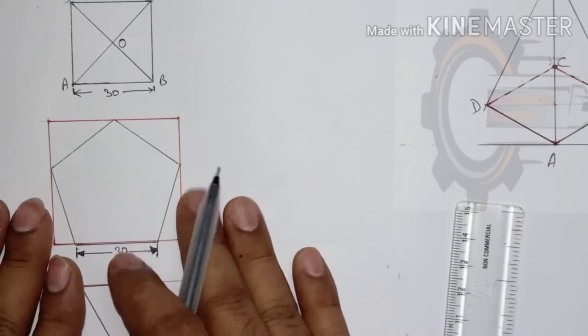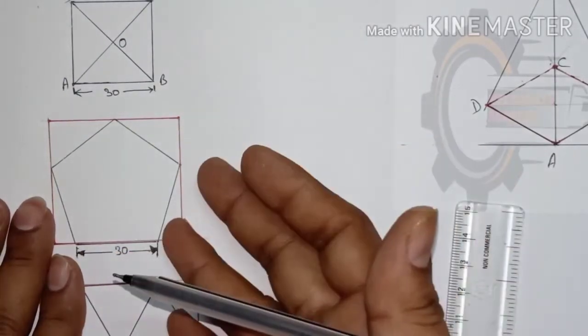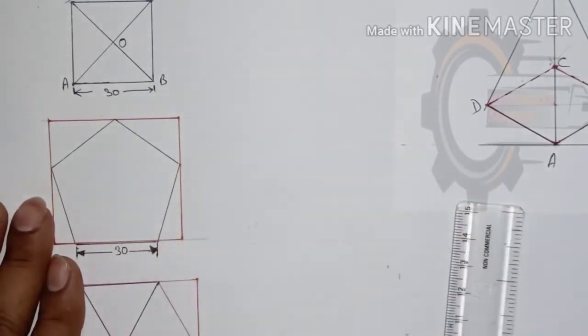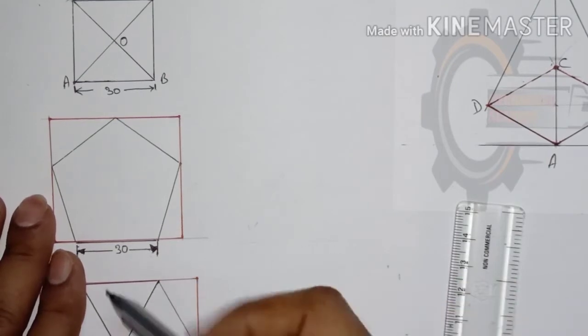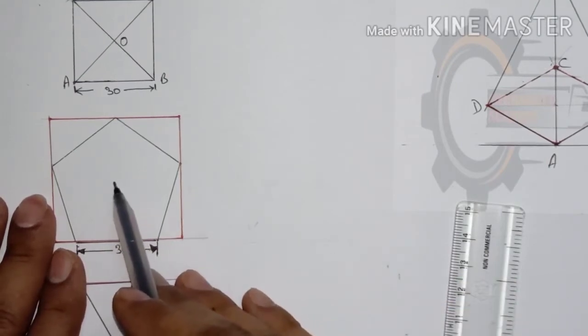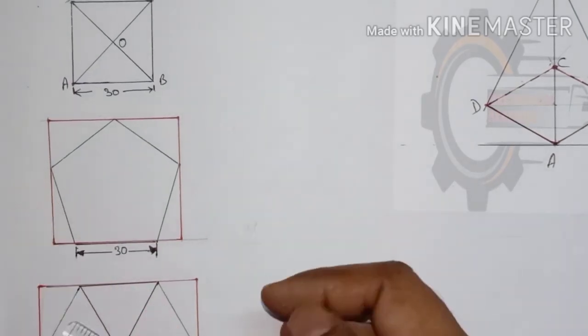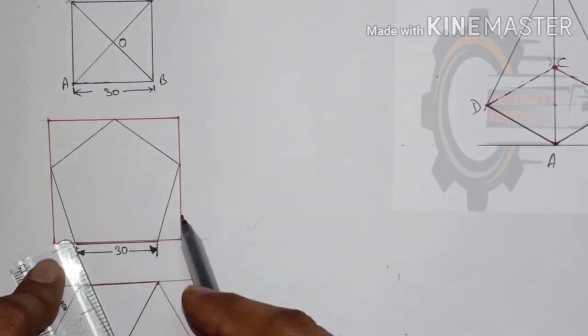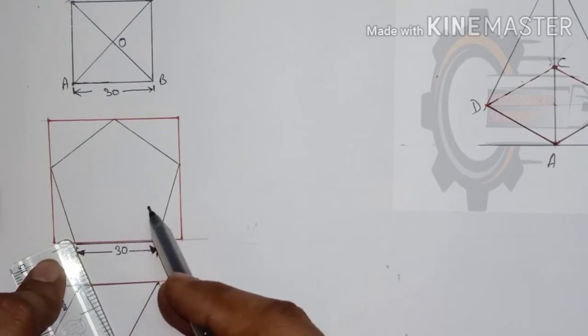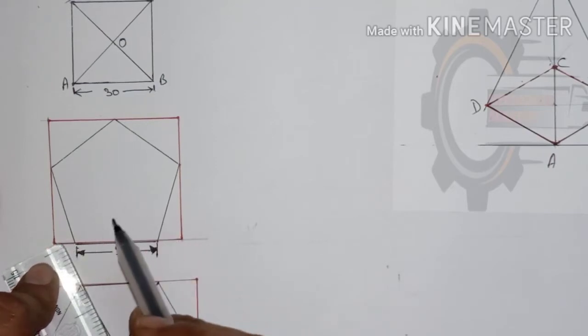For the pentagonal pyramid, whether it is projection of solids or section of solids, wherever it is, if we need to find the center point, there is only one condition: just find the midpoints of any two lines and join them to the opposite corners. Did you get my point?